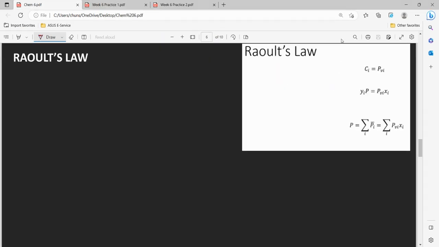Next, we'll be talking about Raoult's law, which is a law that relates pressure and vapor pressure with mole compositions.